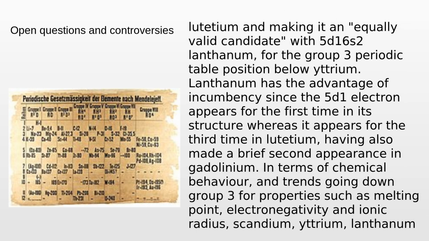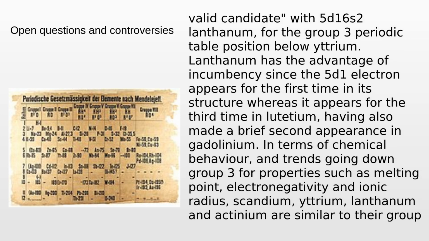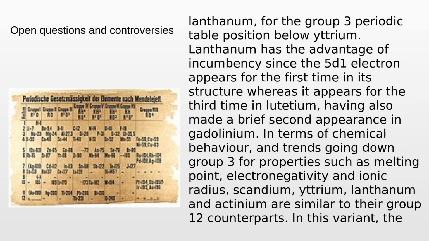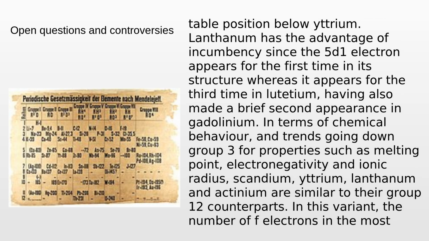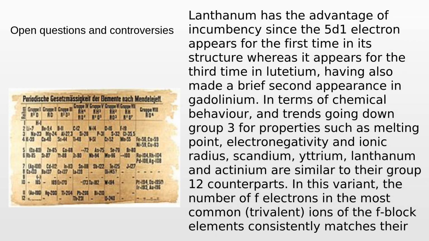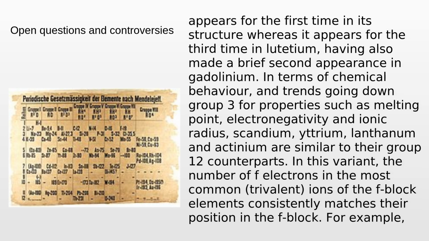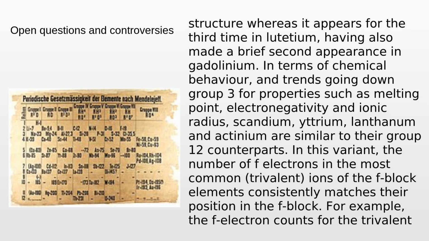For the Group 3 position below yttrium, lanthanum has the advantage of incumbency since the 5d1 electron appears for the first time in its structure, whereas it appears for the third time in lutetium, having also made a brief second appearance in gadolinium.